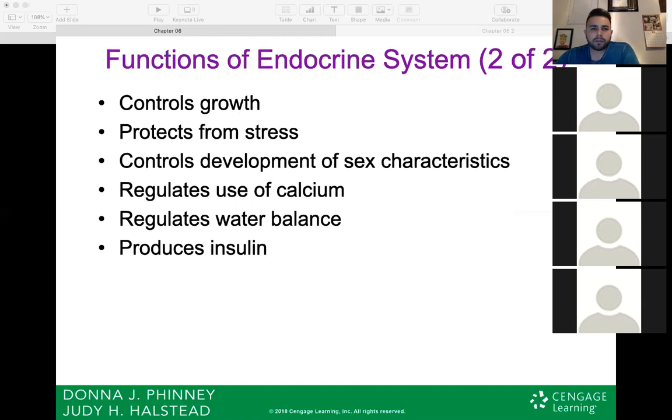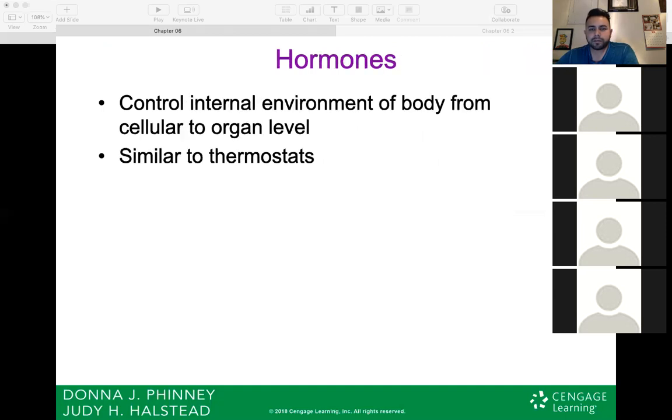So again, functions of the endocrine system include controlling growth, protecting from stress, controlling the development of sex characteristics, regulating the use of calcium as well as the water balance, and producing insulin. Insulin is just another hormone. So the hormones control internal environments of the body from a cellular to an organ level.